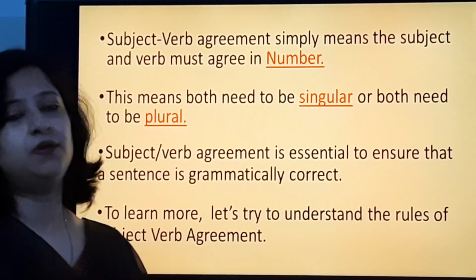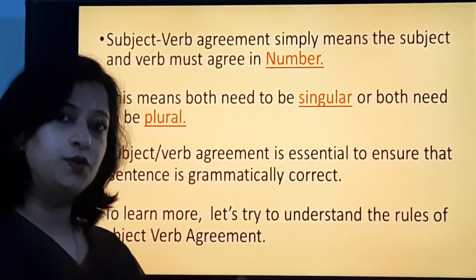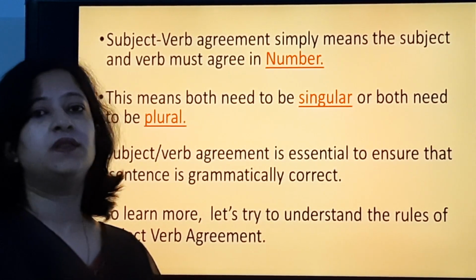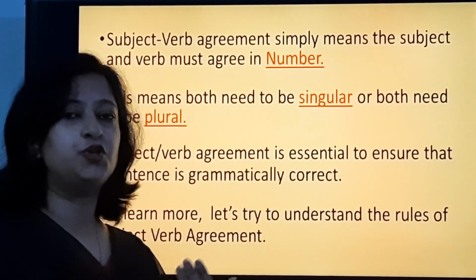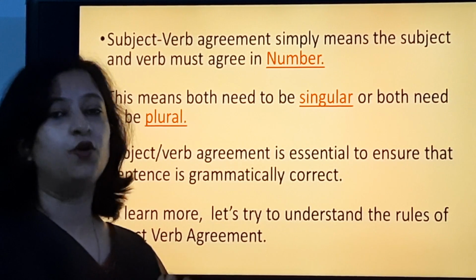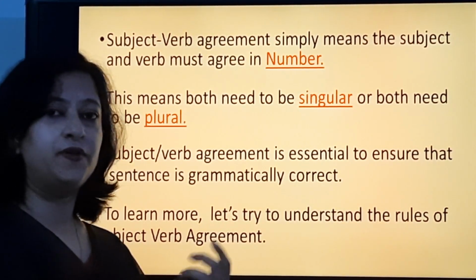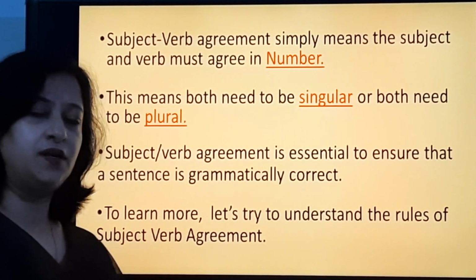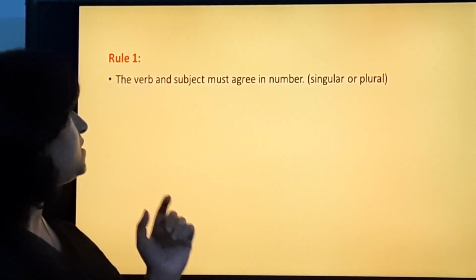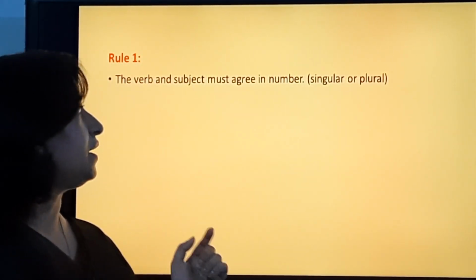So to learn more, let's try to understand all the rules to see how there should be an arrangement, an agreement, a concord between the subject and the verb. So we'll start with a few rules to understand what actually it is. Rule number 1. The verb and subject must agree in number.